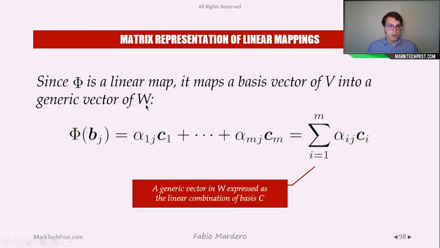Since phi is a linear map and follows the two conditions we have mentioned before, we can take phi of a vector in V and say that this is an image in W. So phi of b_j, which is a generic vector, a special one because we took it from the basis of the vector space V, but don't worry.